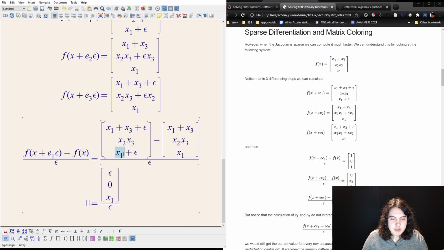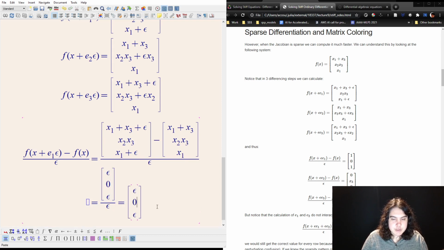And you have an epsilon, x1 plus epsilon minus x, so you just have epsilon here. You divide by epsilon, so what do you know? You get this vector, which is 1, 0, 1, right?